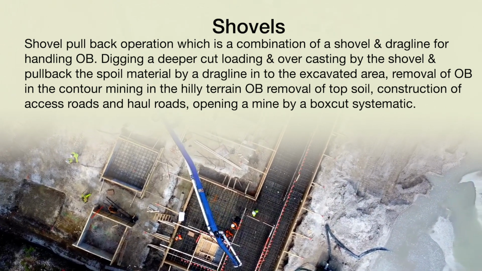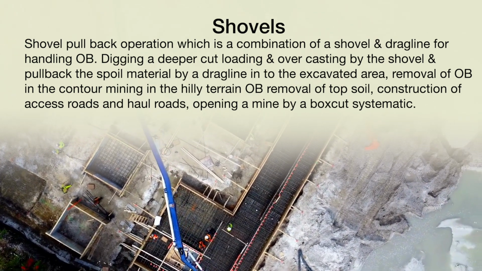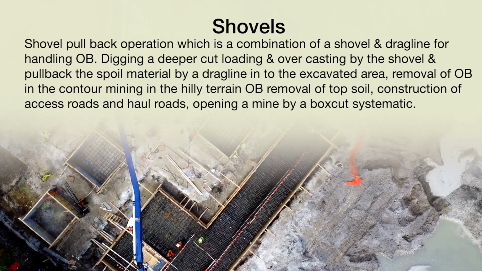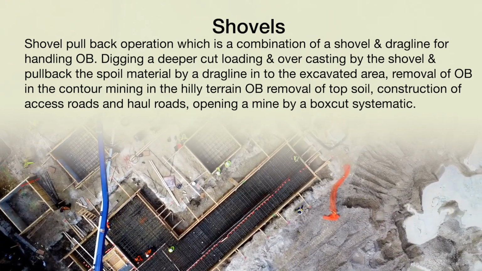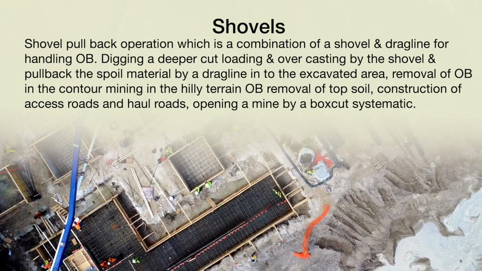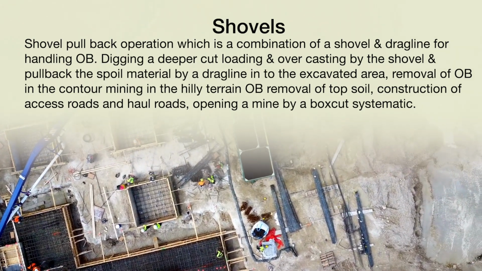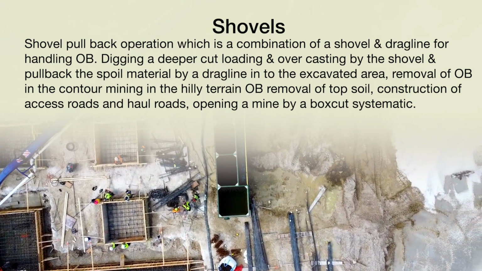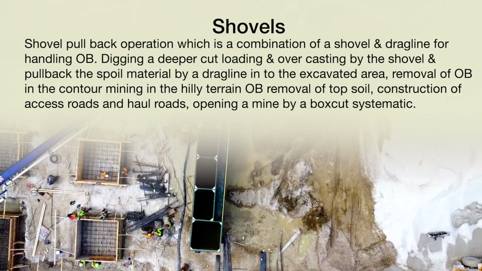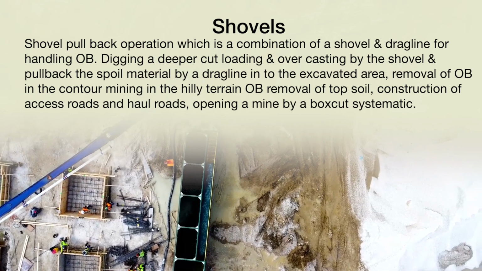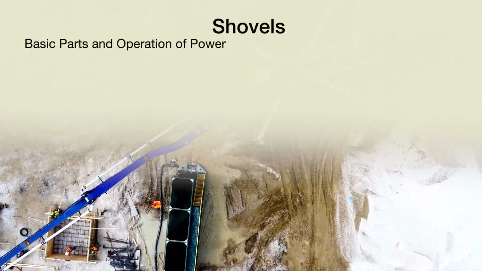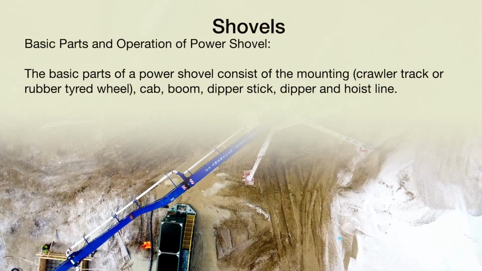Shovels are also used for removal of overburden in contour mining in hilly terrains, removal of topsoil, construction of access roads and haul roads, and opening a mine by box cut. Shovel, basic parts and operation of power shovel.